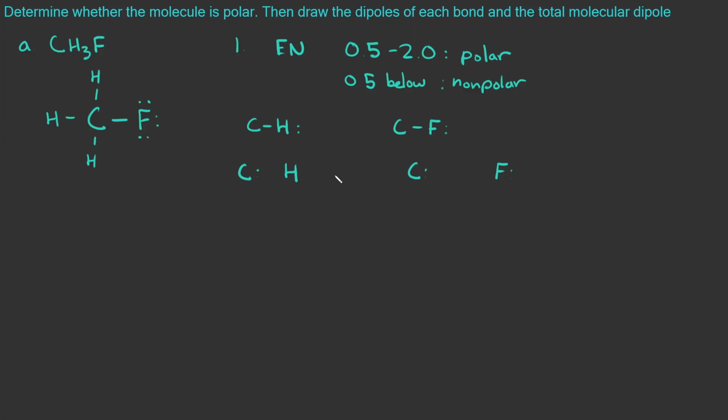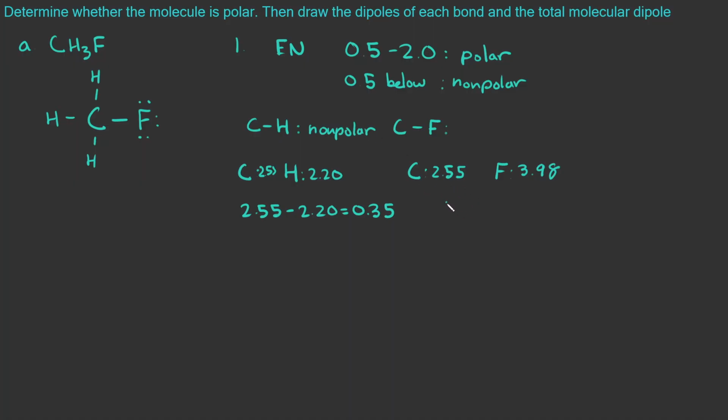Once again, we have to figure out the electronegativity differences between these values. So 2.55 minus 2.20 is equal to 0.35, which means that this is a nonpolar bond.